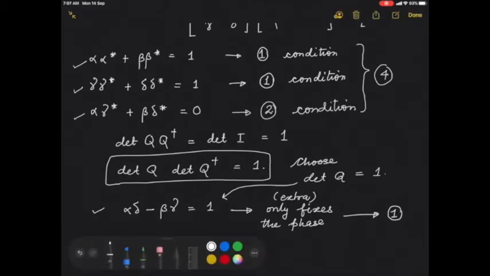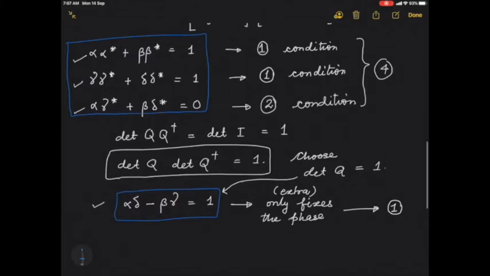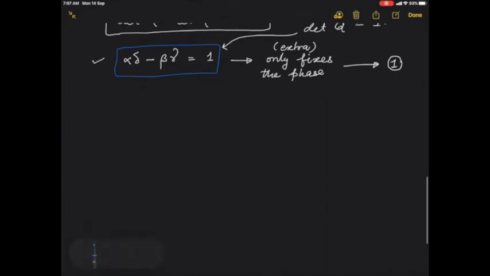Let me box the important equations here. I have written so many. This and this. Okay, so now let us see what we get out of these.